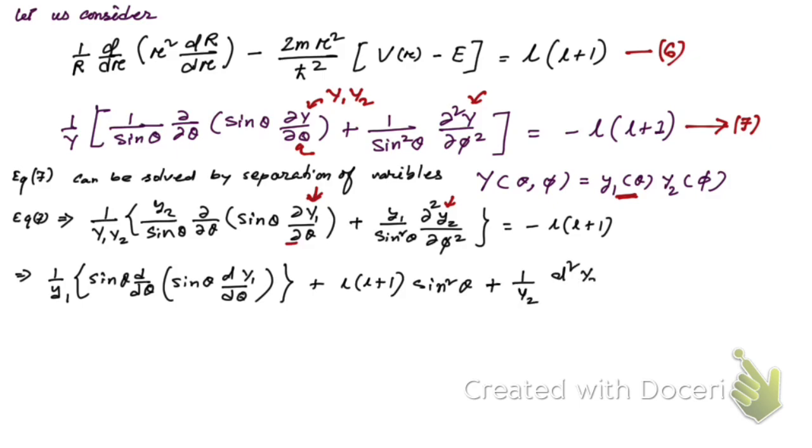Let me simplify this equation. What I have done is multiplied this term with this term within the curved bracket, then multiplied each side by sine square theta, and after that we have got this equation.